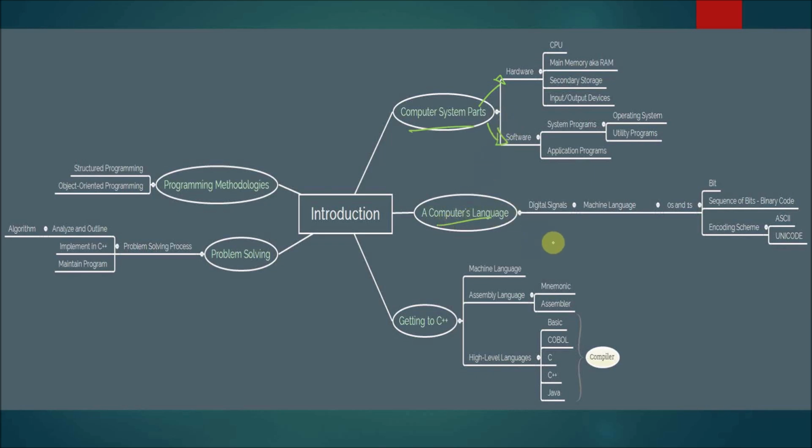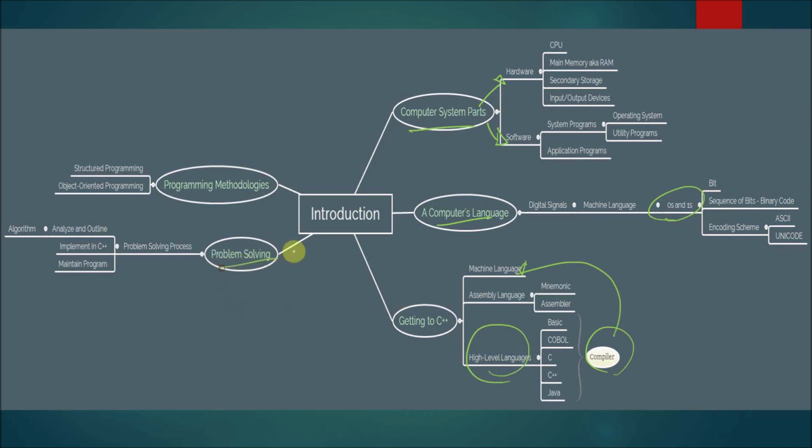Then we talked about a computer's language, the fact that it only understands the zeros and ones that we enter into the computer. We enter in, however, not the zeros and ones per se, but through higher level languages that use a compiler that turns it into machine language, those ones and zeros that the computer then understands.